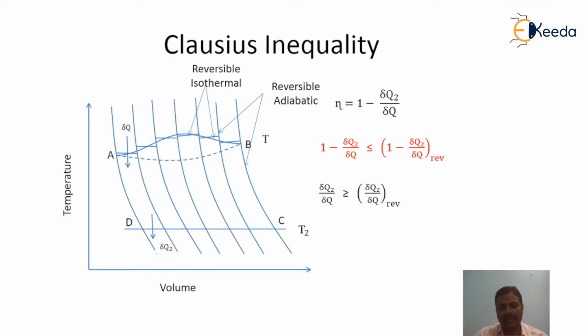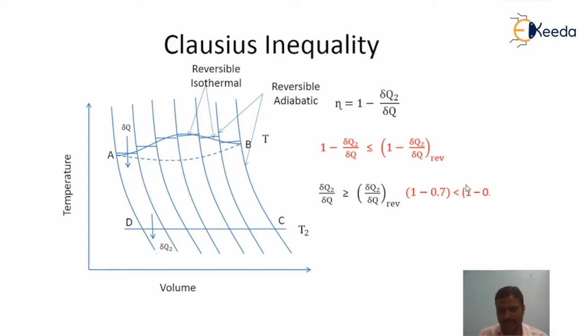That greater than symbol has come in this way, it is illustrated like this. I have taken 1 minus 0.7 is less than 1 minus 0.6. The term 0.7 indicates this ratio delta Q2 divided by delta Q of any cycle, whereas 0.6 indicates delta Q2 divided by delta Q of a reversible cycle. Here 1 minus 0.7 is 0.3, which is actually less than 1 minus 0.6 which is 0.4.